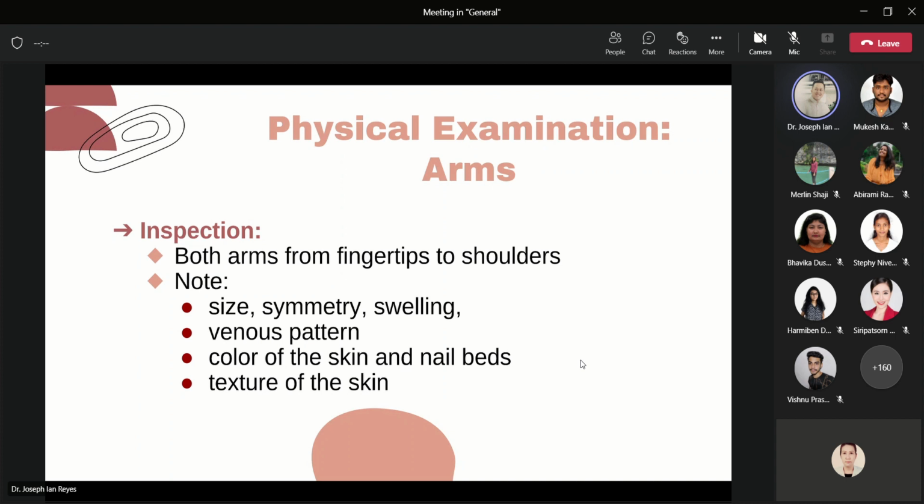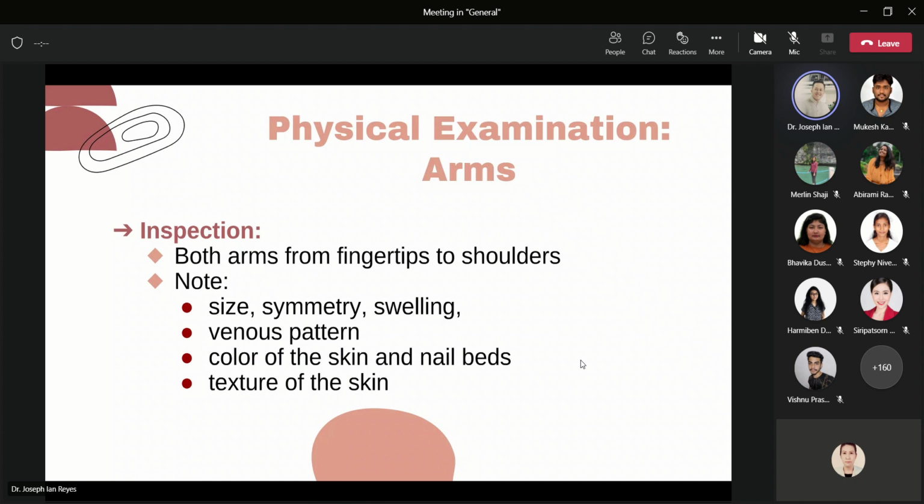And if it's a female patient, if you remove the shirt, put a drape on the patient. Note any size, symmetry, swelling, venous pattern, color of the skin, color of the nails, and texture of the skin. Also hair distribution. Try to assess that also for inspection.